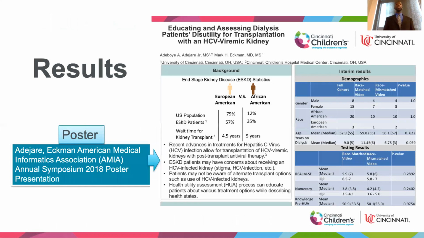So I'm going to take you through the results, where before we had finalized them, this was some of the work that we had demonstrated at the American Medical Informatics Association for a poster presentation showing the interim results.